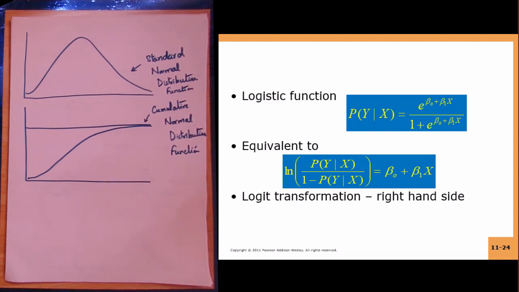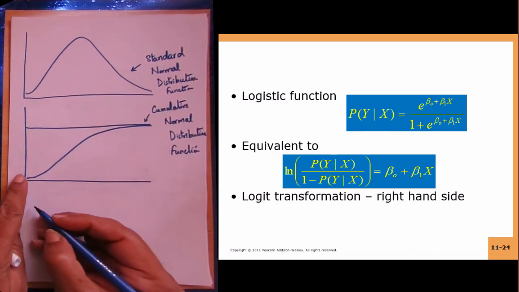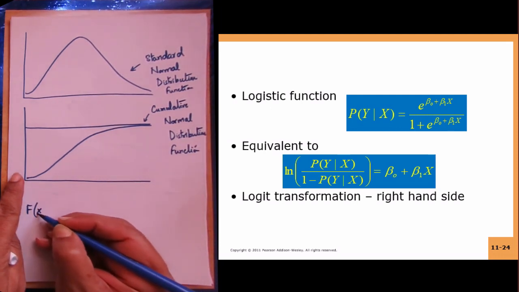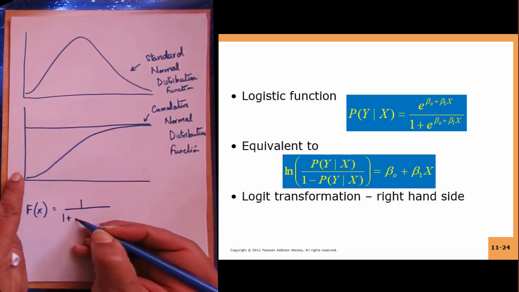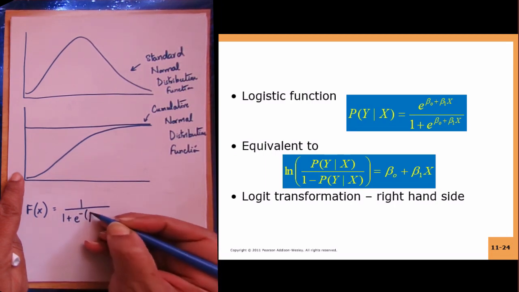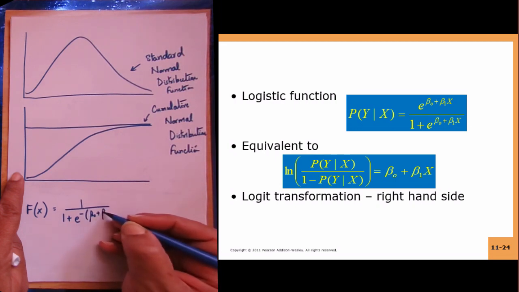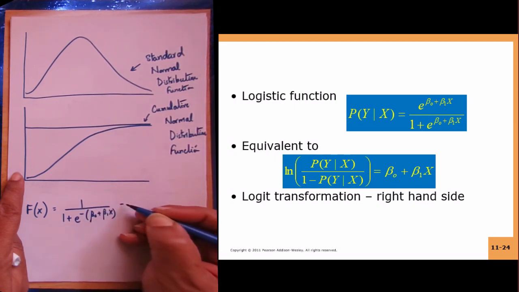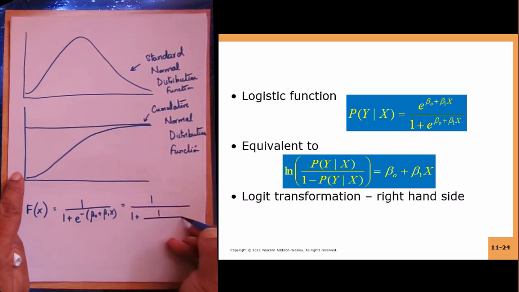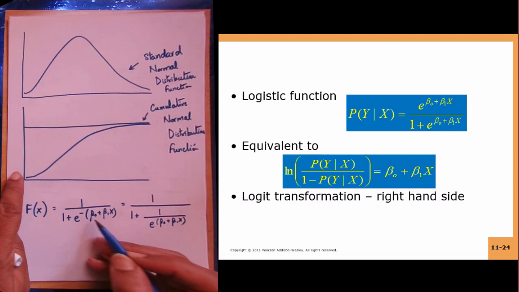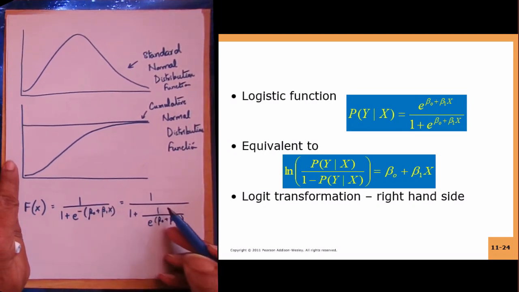So what was the logit function? We wrote the logit function as F of x equals 1 divided by 1 plus e to the power of minus (beta 0 plus beta 1x), right? That is the same as 1 divided by 1 plus 1 by e to the power of (beta 0 plus beta 1x), because e to a negative power is just 1 by e to the positive power.